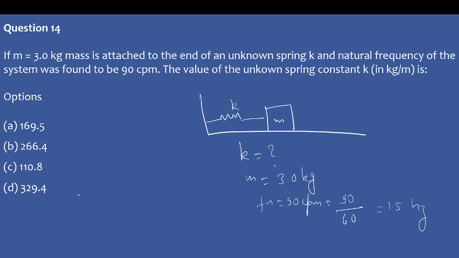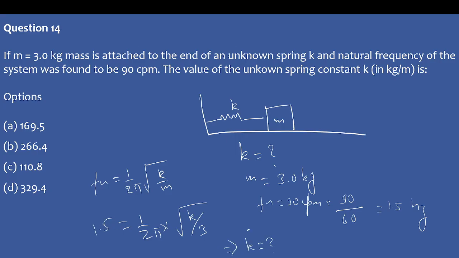You better know that frequency is equal to 1 upon 2 pi root over k by m. So 1 upon 2 pi into root over k by 3, and f is 1.5. You need to determine k.